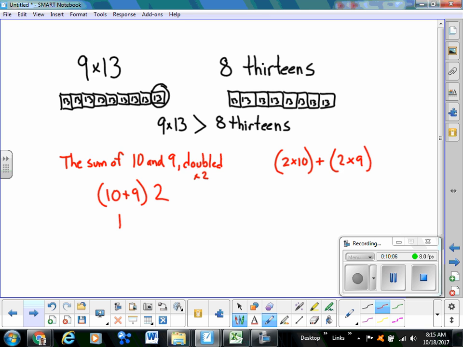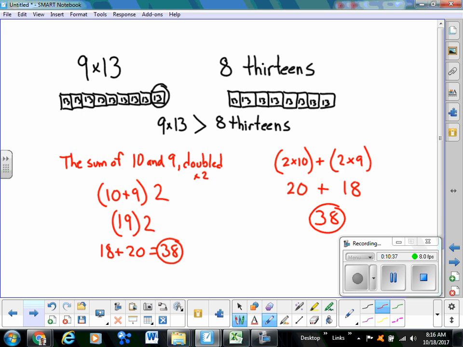So 10 plus 9 is 19, and doubling it, 9 times 2 is 18, 2 times the 1 in the tens place is 20, which gives me 38. If we look over here, 2 times 10 is 20, plus 9 times 2 is 18. Add them together and I get 38, which means when I compare them, we're going to have an equal sign in the middle.